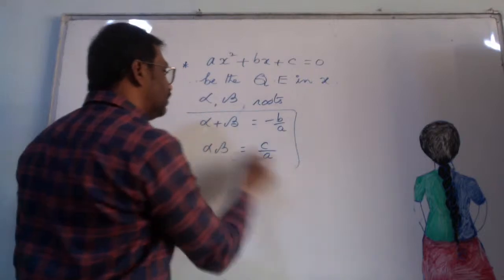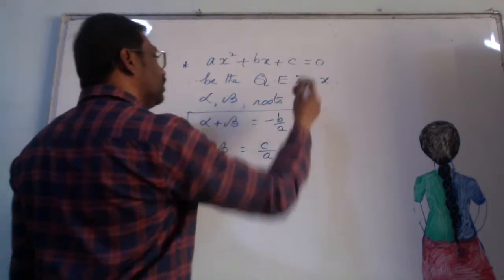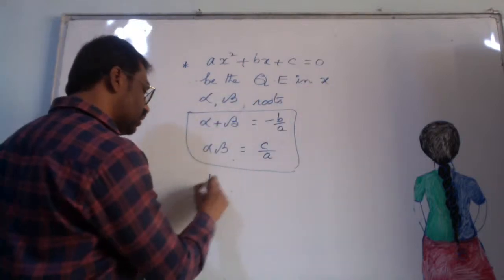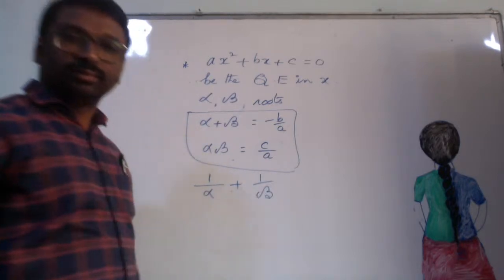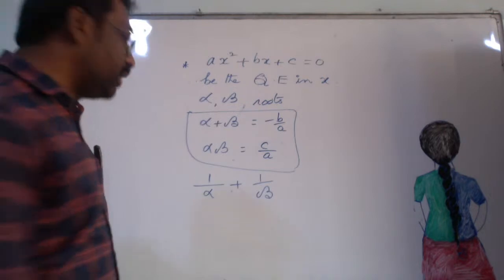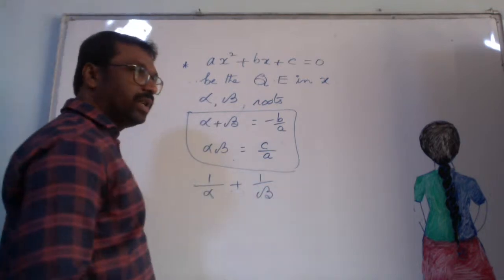By using this, when alpha, beta are the roots, what is the value of 1 by alpha plus 1 by beta? We have to find the 1 by alpha plus 1 by beta value.